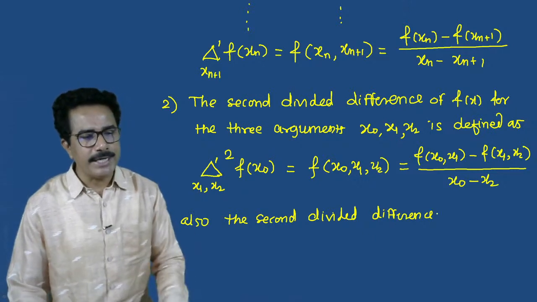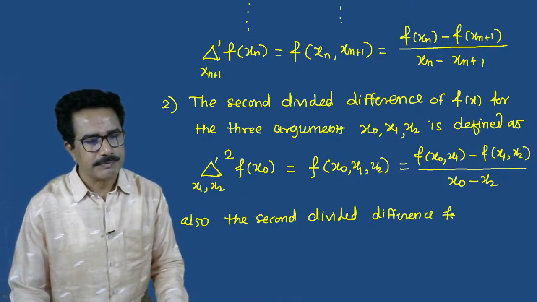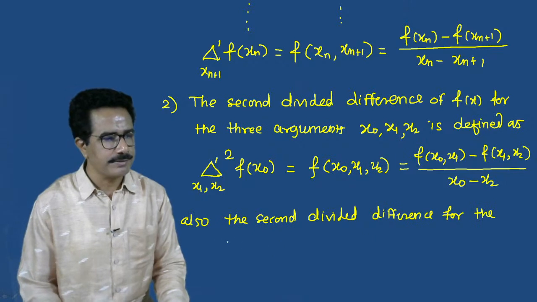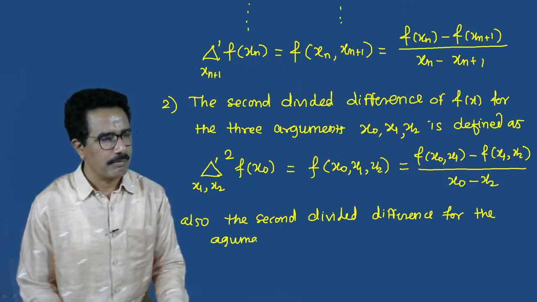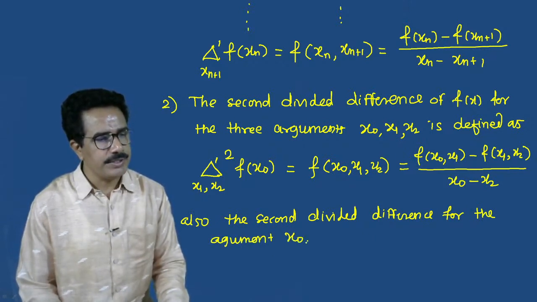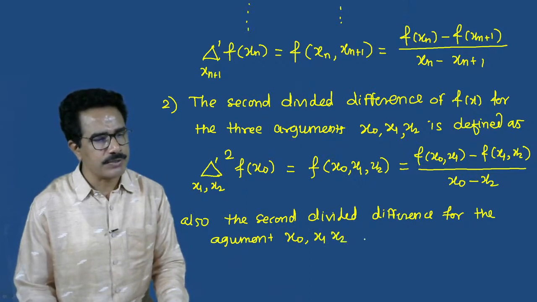The second divided difference for the arguments x0, x1, x2, x3.